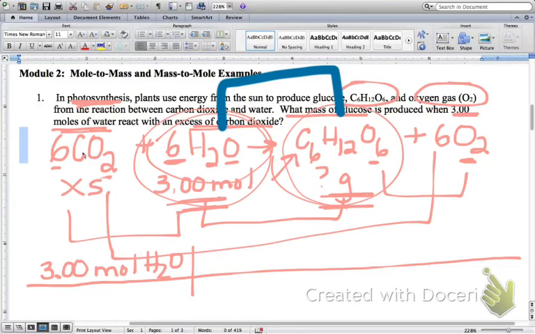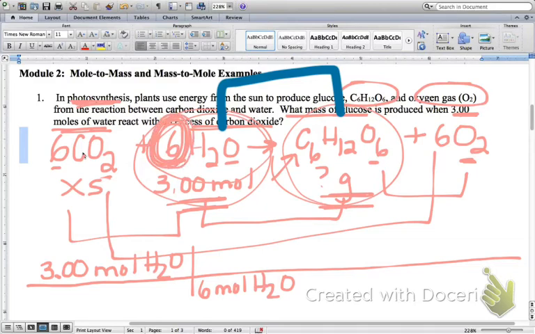What is it? How many moles of water from the balanced chemical equation? Not 8. Oh, no, not 18. 6. The coefficient in front of the water is 6.